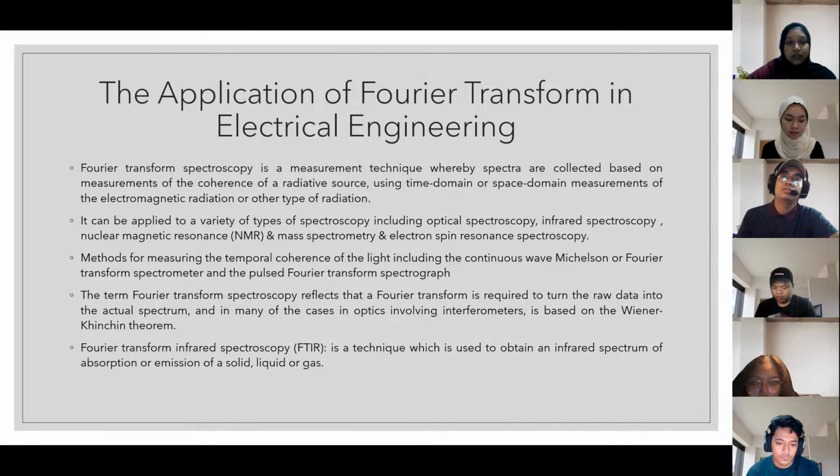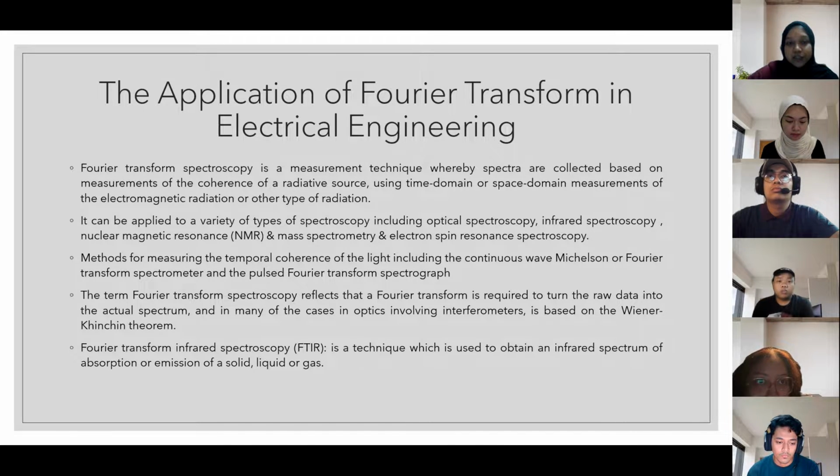It can be applied to a variety of types of spectroscopy, including optical spectroscopy, infrared spectroscopy, nuclear magnetic resonance (NMR), mass spectrometry and electron spin resonance spectroscopy. Methods for measuring the temporal coherence of the light include the continuous wave Michelson or Fourier transform spectrometer and the pulsed Fourier transform spectrograph.